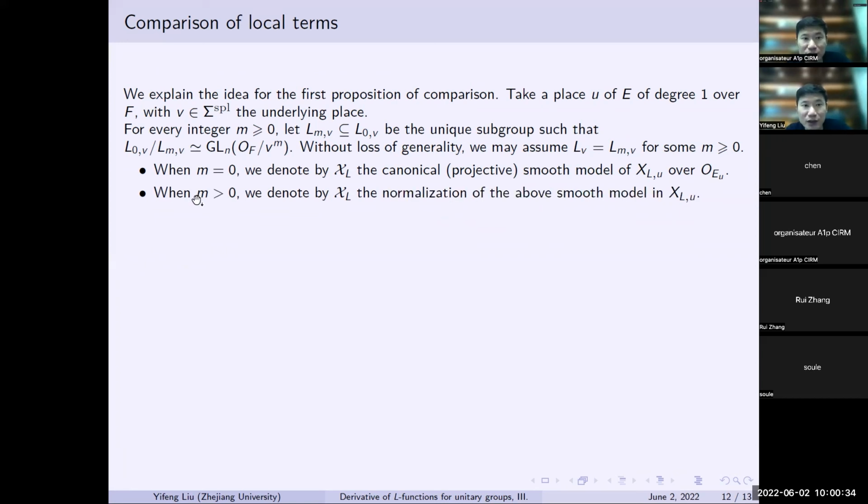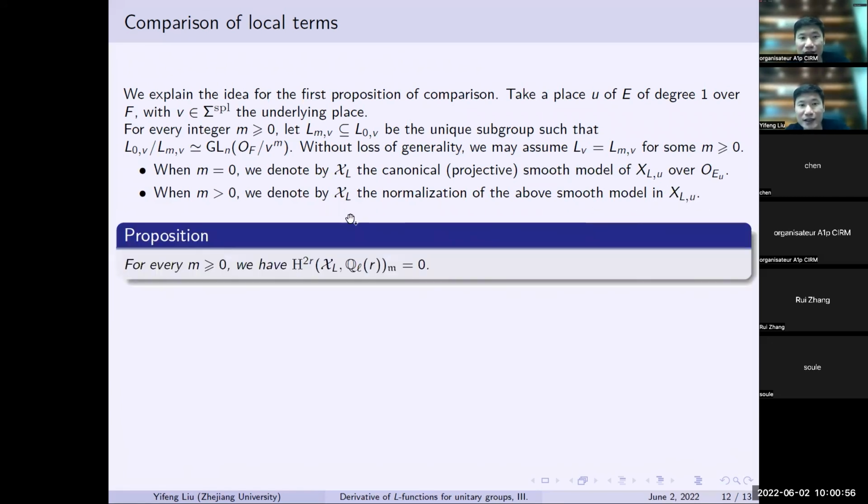When m is greater than 0, we denote by X_L the normalization of the above model in X_LU. So when m is greater than 0, there is a map from X_LU to the one with m equals 0. Then you take the normalization of the good model at your smaller level, in your higher level. And it turns out that this X_L is regular.